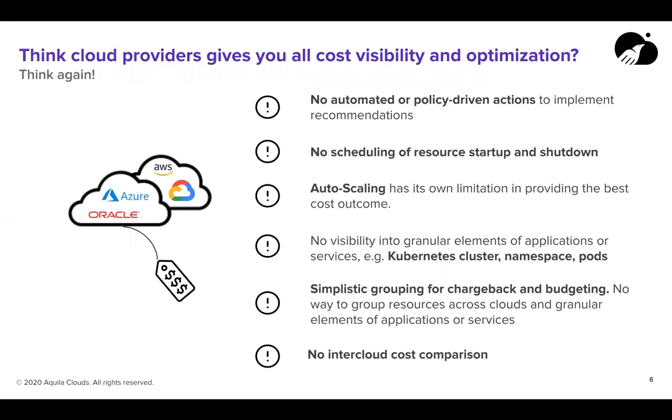Cloud cost optimization is not just about saving cost in the cloud, but it's also about saving your labor costs. Your OpEx can significantly drop if you have an automated or policy-driven action on a cloud management platform. And the cloud providers don't offer you an automated schedule to start up or shut down your instances.